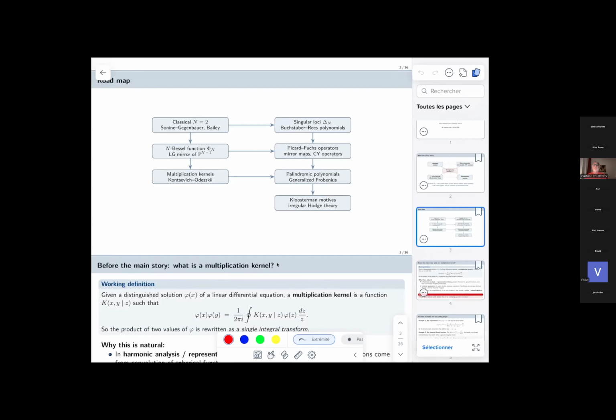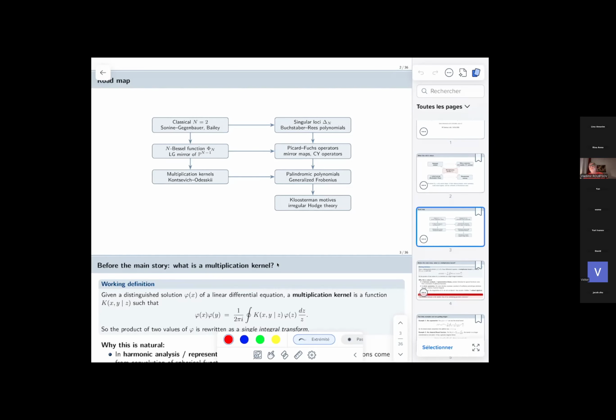I want to say that this paper was studied more or less at the same time, and in principle, in Selecta, it is dedicated to Maxim Kontsevich's anniversary. That's the paper I'm speaking about.